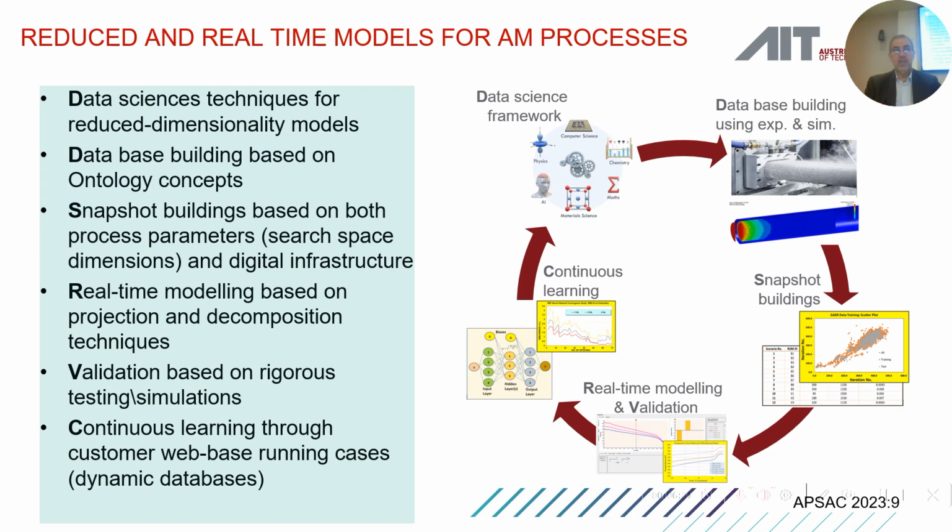I need to have data already in the database based on different variations of these parameters. This is called the snapshot matrix. So you run some simulations offline and get these results into databases. Then out of that database, you start building the real-time models. Then you have to validate your model.